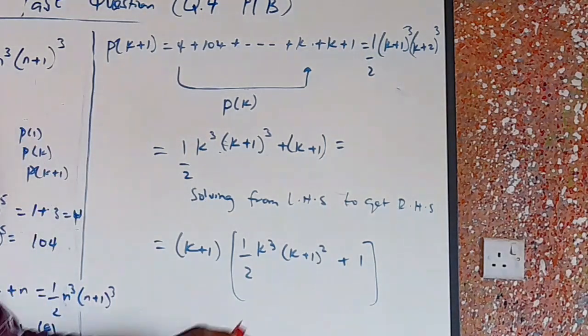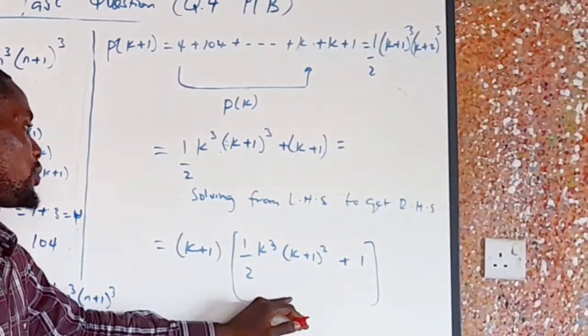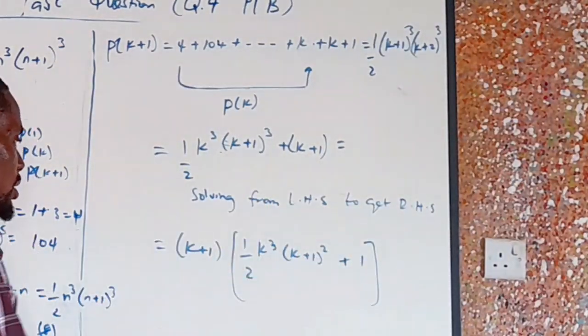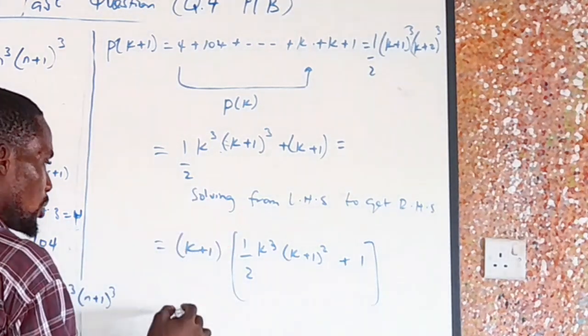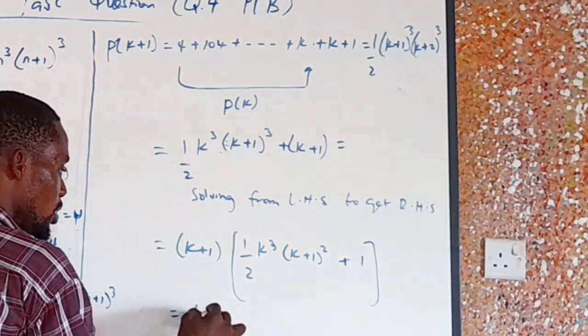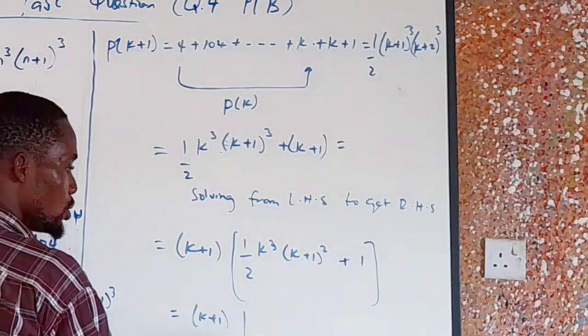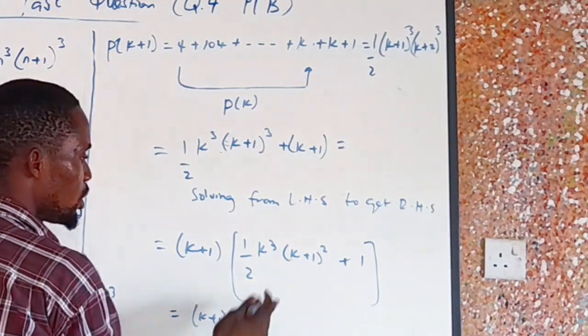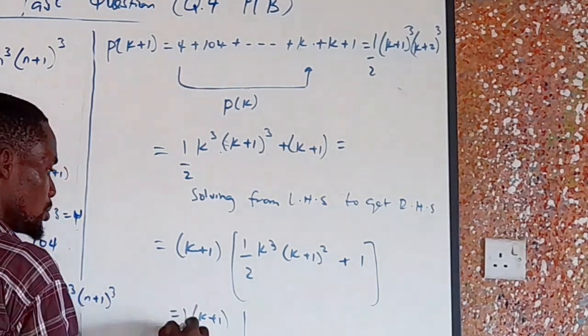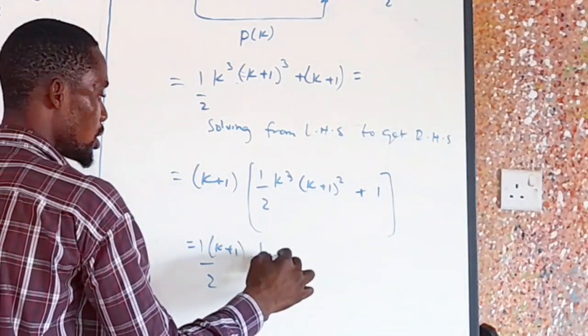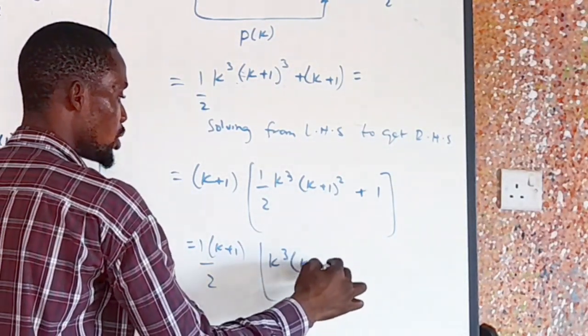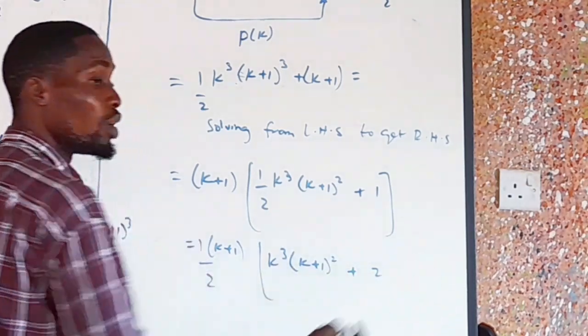From here, let's now find the LCM and then factorize and finish the whole thing. So from here, what do I have? It becomes k plus 1 into, if I bring 1 over 2 out, it now becomes k cubed into k plus 1 whole squared plus 2.